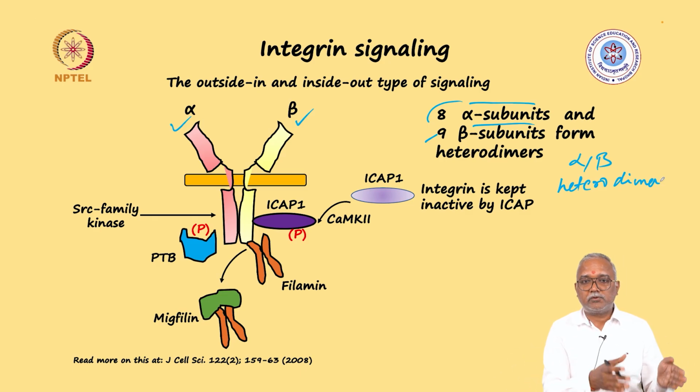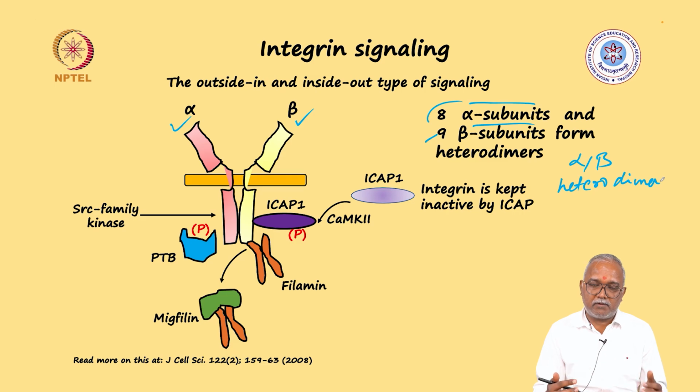So in contrast to the Notch-Delta signaling, here the intracellular region has tremendous ability to interact with so many molecules, like we saw for receptor tyrosine kinases. It will interact with effectors in the adapter class, in the enzyme class, and those which are basically modulators of signaling and so on.